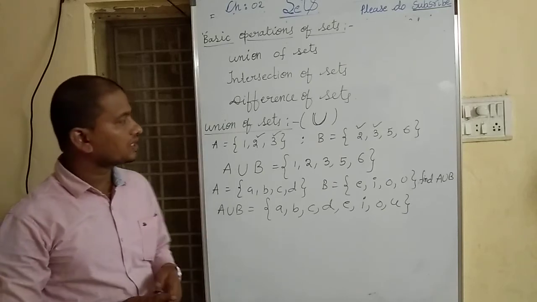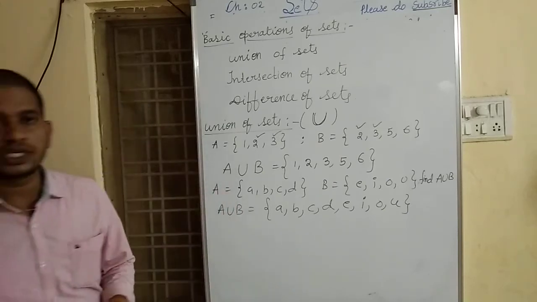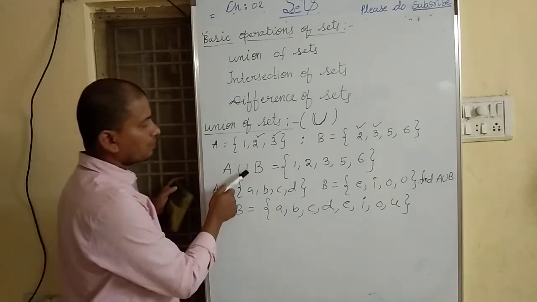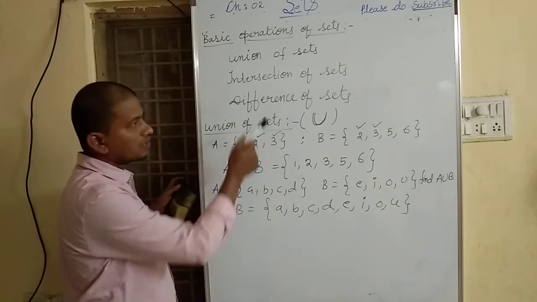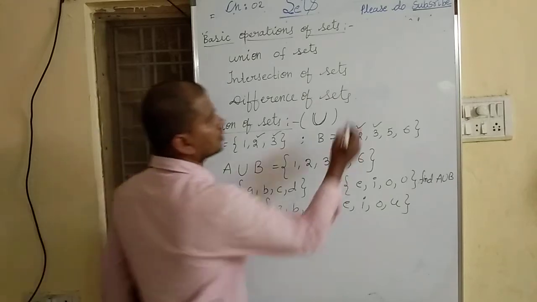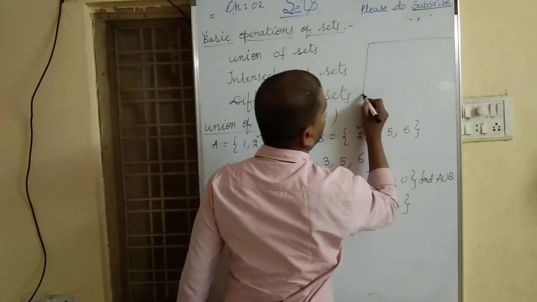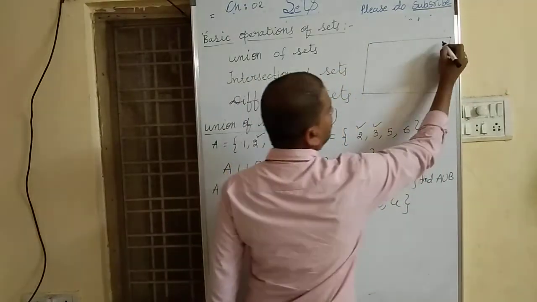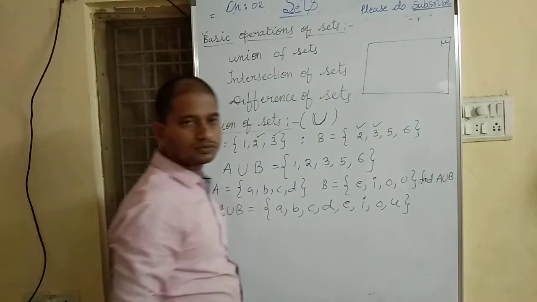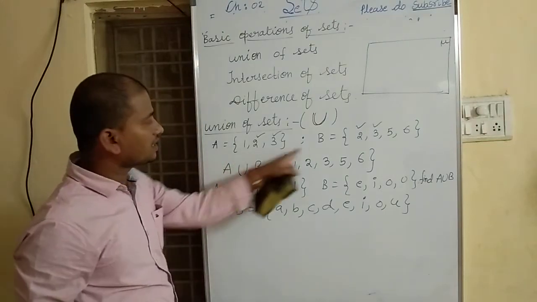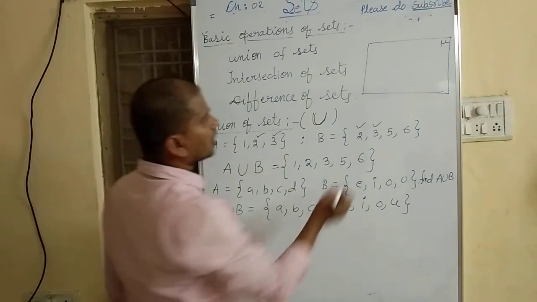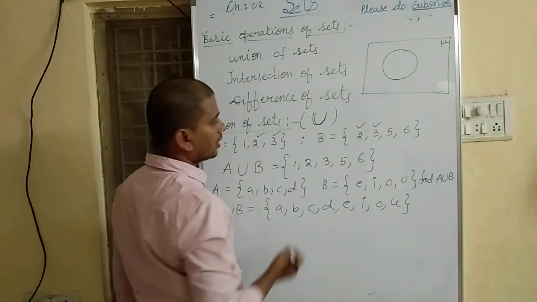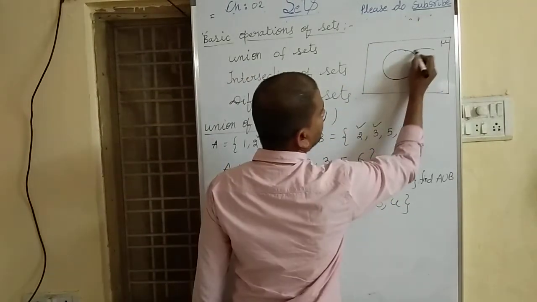Okay? Then how to represent union of sets by using Venn diagram? For example, let me represent A union B using Venn diagram. This is our universal set mu. We have 2 subsets A and B. A equal to 1, 2, 3 and B equal to 2, 3, 5, 6.